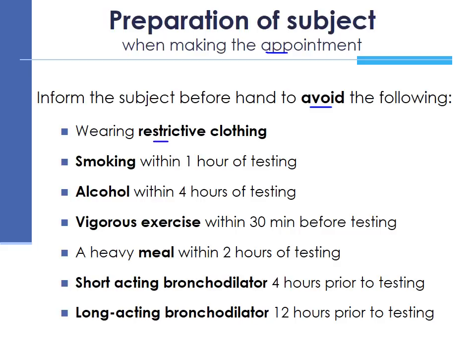They need to avoid smoking before the test. They need to avoid alcohol within 4 hours of the test. Vigorous exercise needs to be avoided within 30 minutes before the test. And ingestion of a heavy meal needs to be avoided within 2 hours of testing. Then also both short-acting and long-acting bronchodilators have to be avoided before the testing.